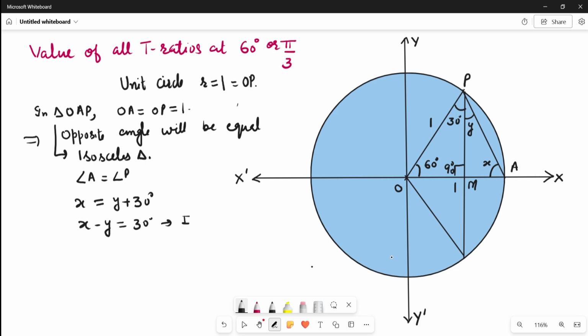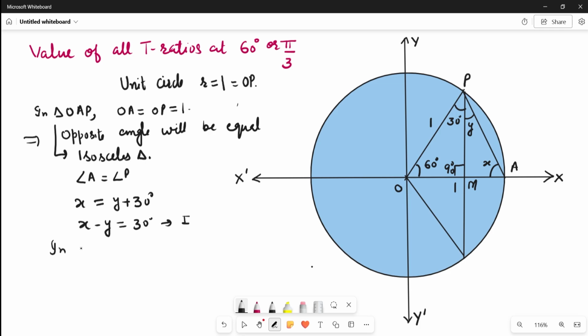Now, in the triangle OAP, we can see here the sum of the angles of a triangle is 180 degree.